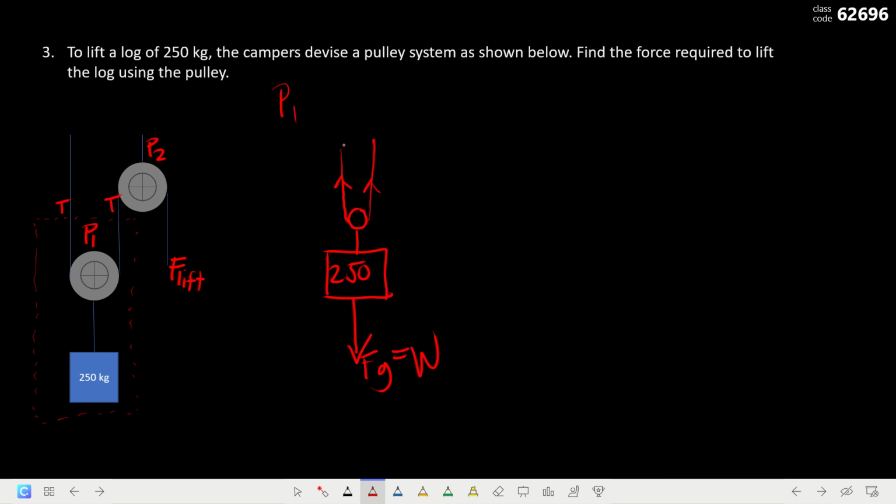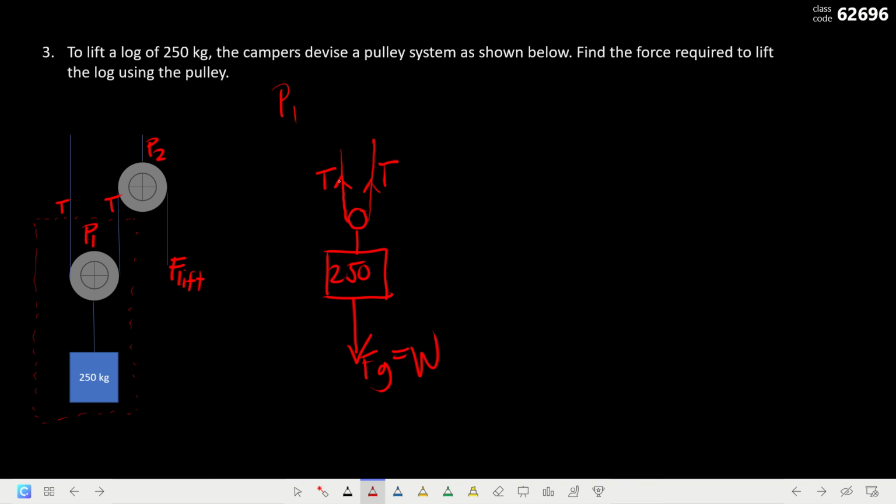This string is the same string. It is just attached to our pulley number 1. Since it is the same string, one string, the tension on this side must be the same as the tension on this side.